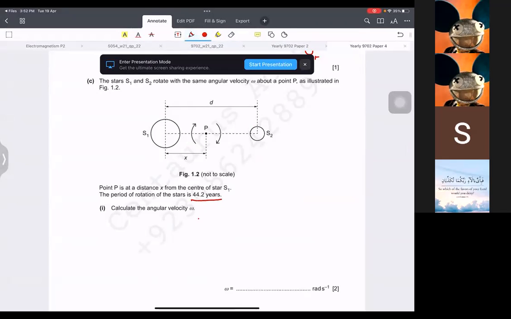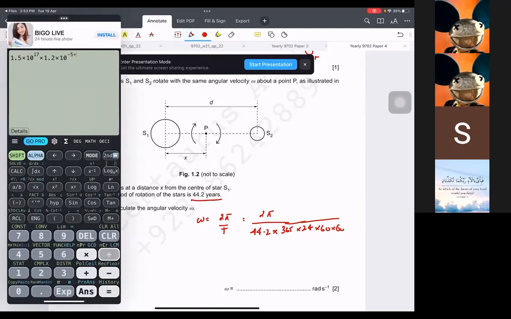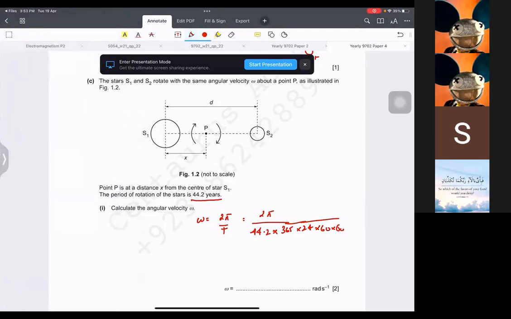So omega equals 2 pi by T. This will be 2 pi over 44.2 times 365 times 24 hours times 60 minutes times 60 seconds. So this is 4.5 times 10 to the power -9 rad per second.